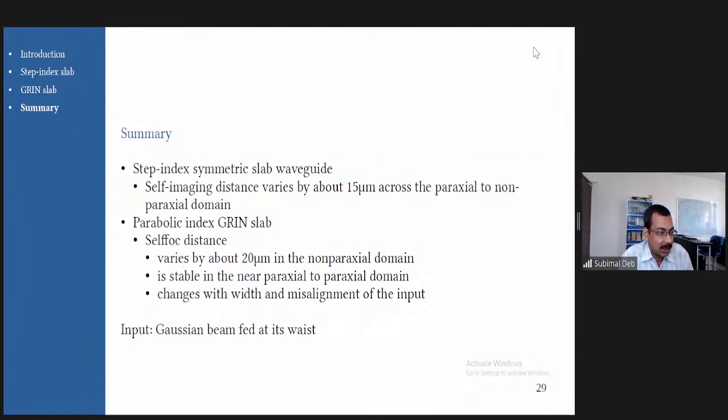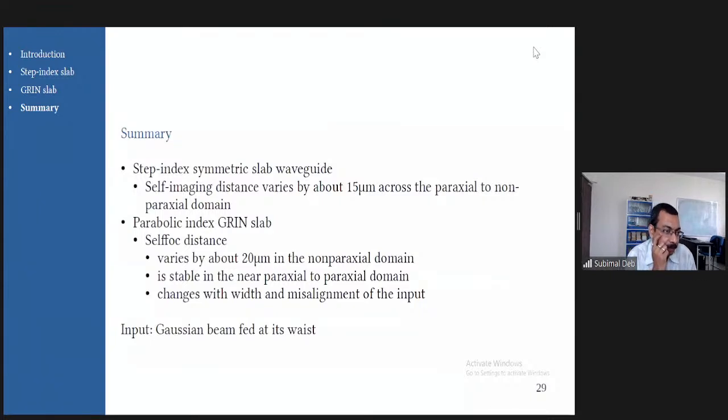And the self-focusing distance for the case of the graded index slab varies by about 20 microns, which is comparable to the case of the symmetric slab waveguide, only in the non-paraxial and close to non-paraxial domain.